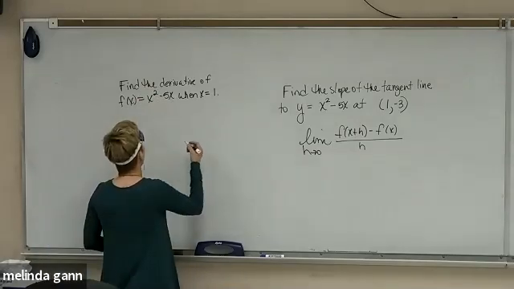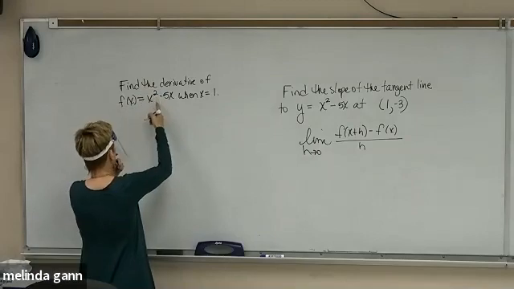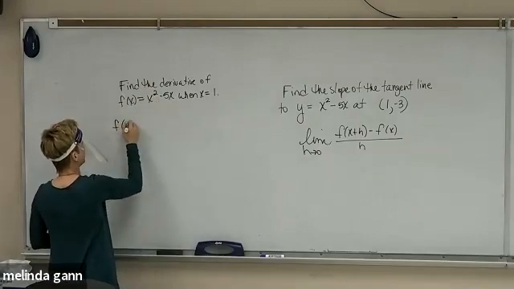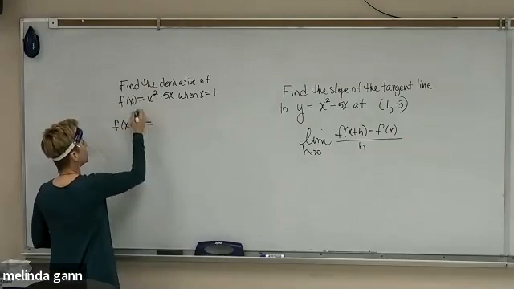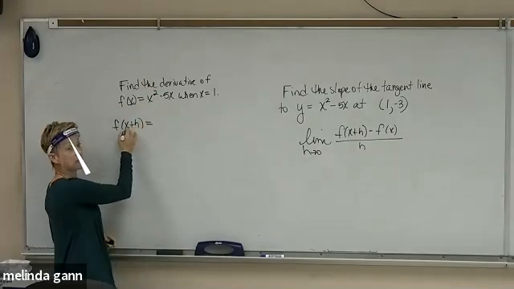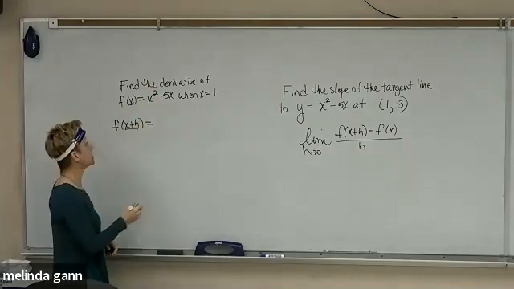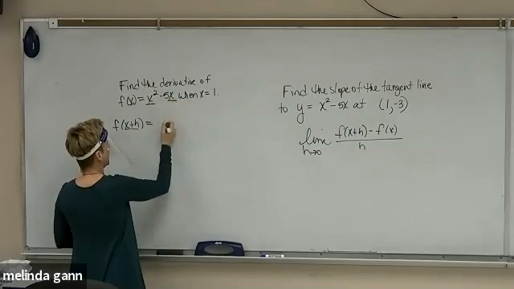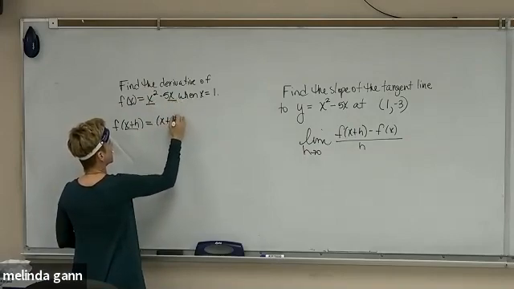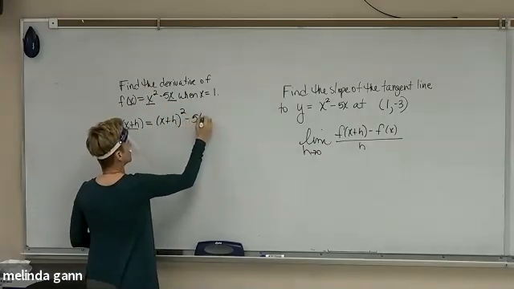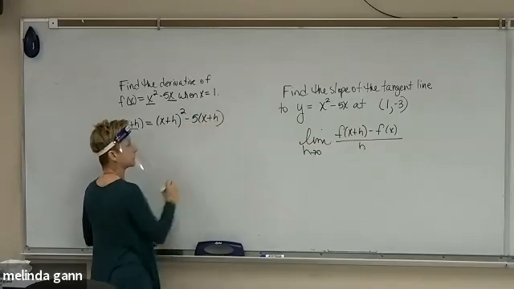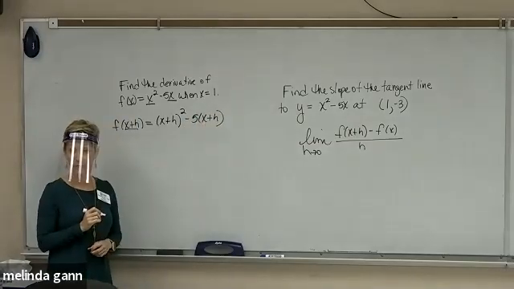Now, if f of x is x squared minus 5x, what does f of x plus h mean for me to do? What's x getting replaced with? X plus h. So that x and that x are both going to get replaced with x plus h. Does that make sense to everybody?